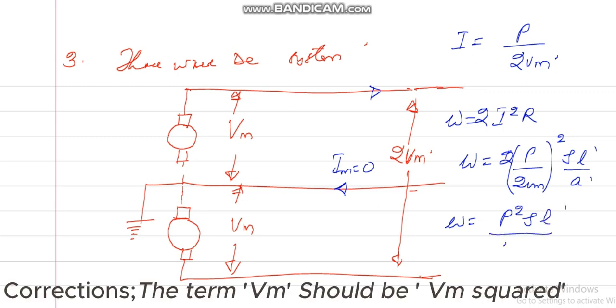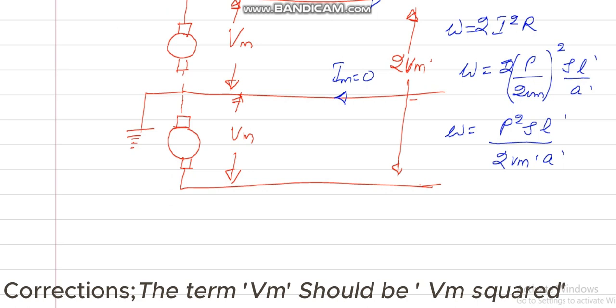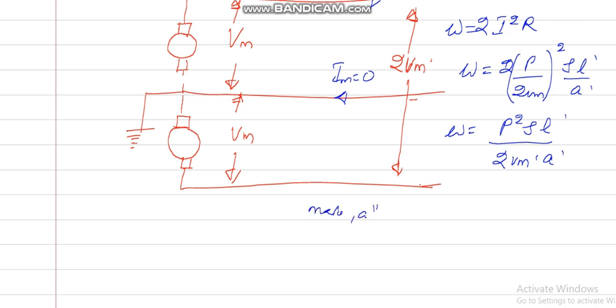Tukimake A the subject, tunapata A is given by P squared resistivity rho times length over twice Vm squared times W.